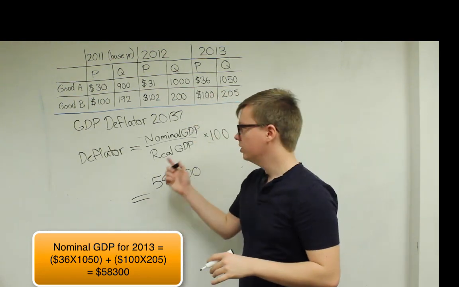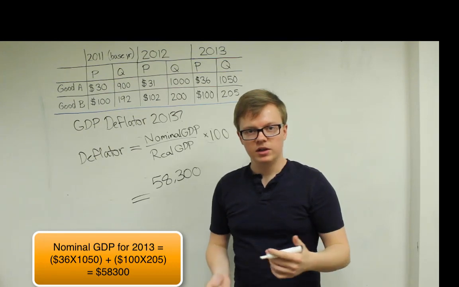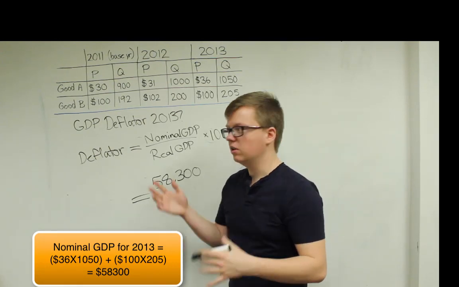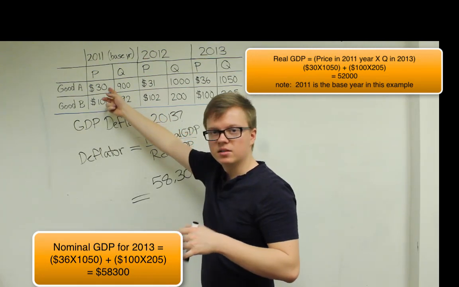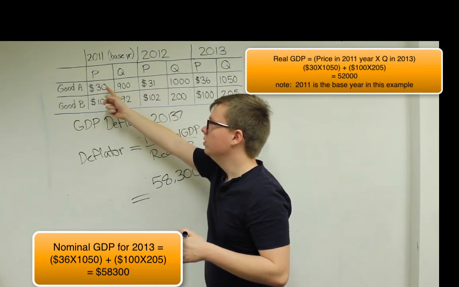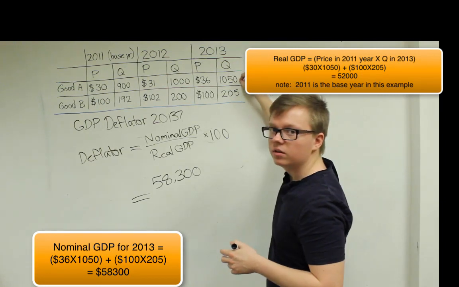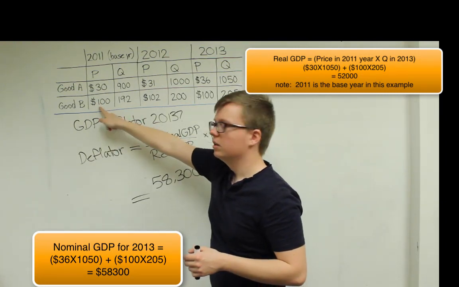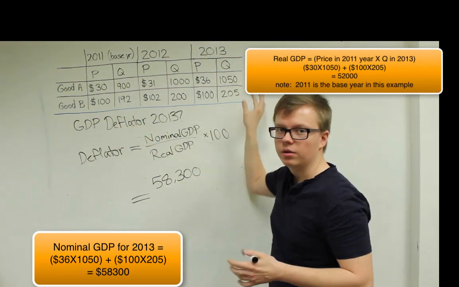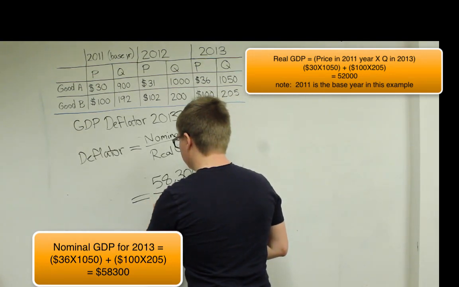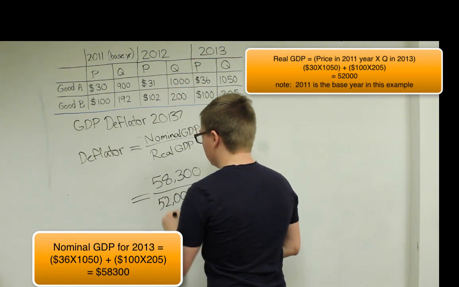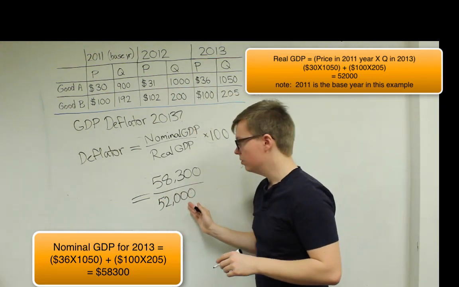Then for real GDP, we also did an example, so I'll give the answer. You take the prices in the base year, 2011, multiply by the 2013 quantity, and then add the price times the 2013 quantity for good B. You will find that real GDP in 2013 is 52,000.